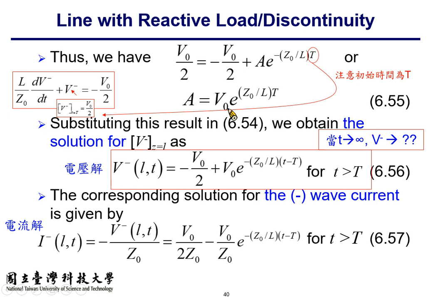Note that this solution is only valid for t greater than capital T. When t is smaller than capital T, what is the V minus signal? Just 0. All right?